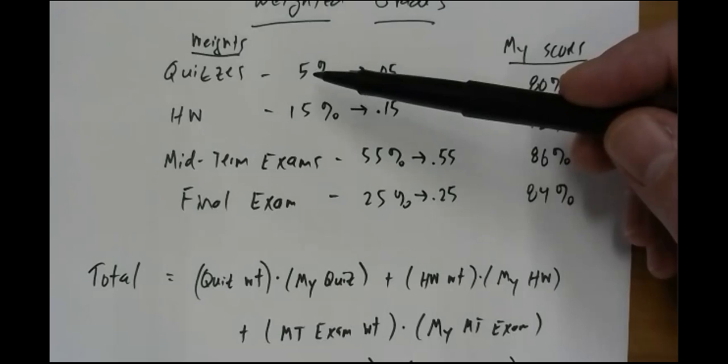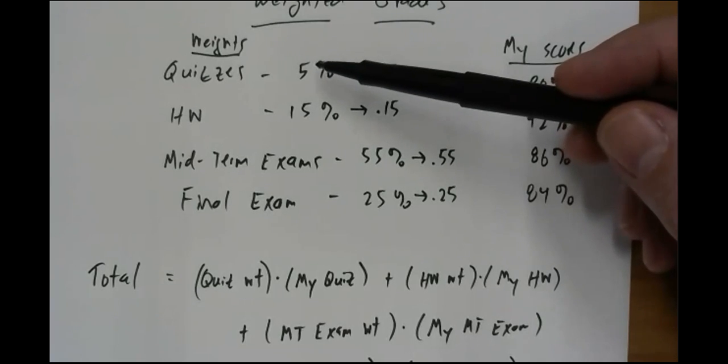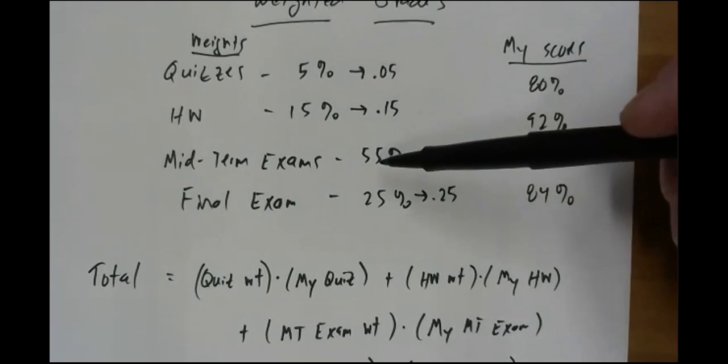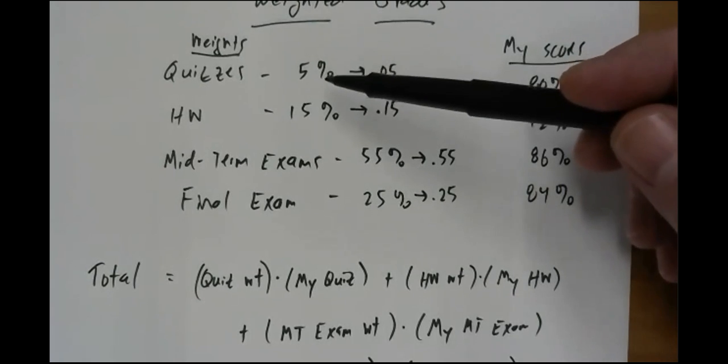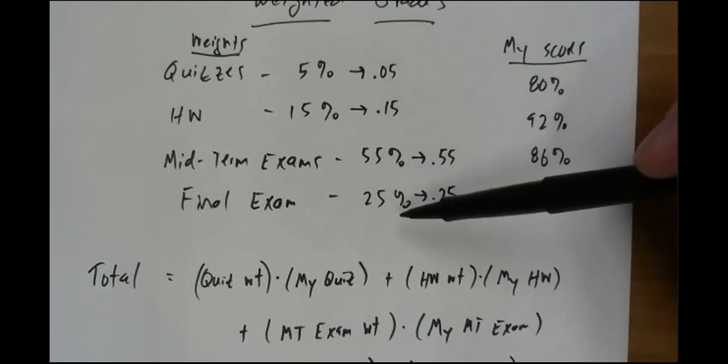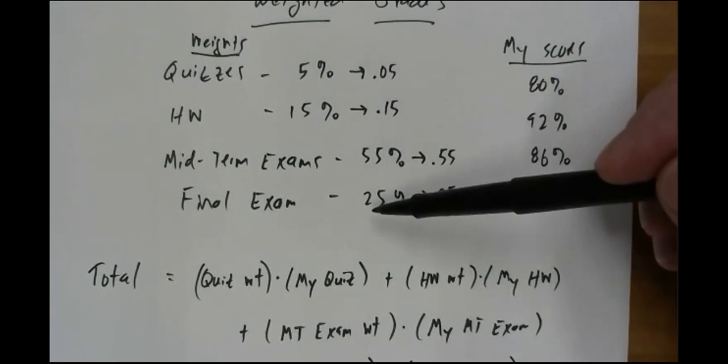Obviously, quizzes are only 5% of your grade. It's the least important group or item in your grade. You can see the most important factor in your overall grade is going to be your midterm exam scores, because it's 55%. So the weighting tells you the importance of these different categories.